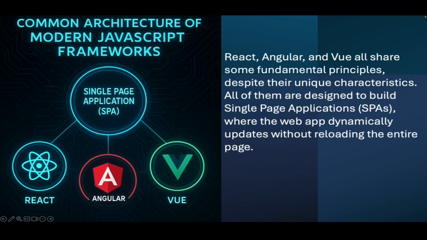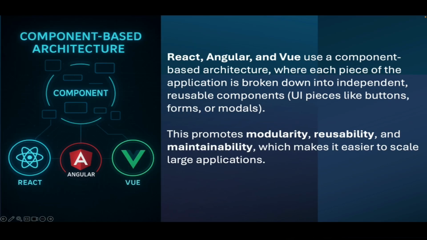React, Angular, and Vue all share some fundamental principles. Despite their unique characteristics, all of them are designed to build single-page applications, where the web app dynamically updates without reloading the entire page.